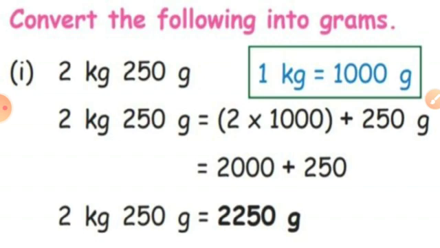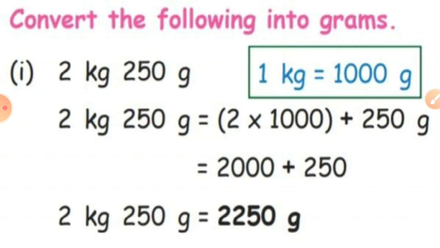Let's see that. So 2 kilogram, 250 gram, which is equal to, this is 2 kilogram. When we are converting, this 2 will be multiplied with 1000. So 2 into 1000 plus what you had now? 250 grams. So just write 250 gram as same, because it is already in grams. So you need to add that only.